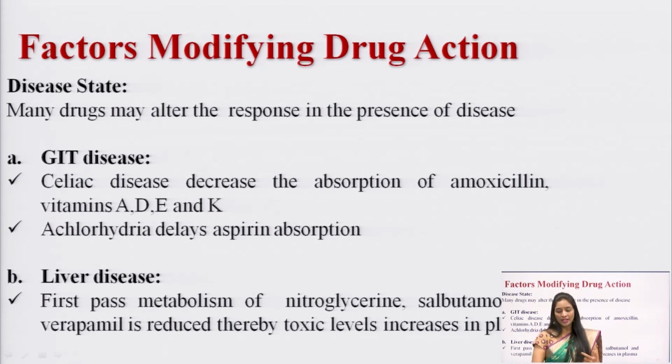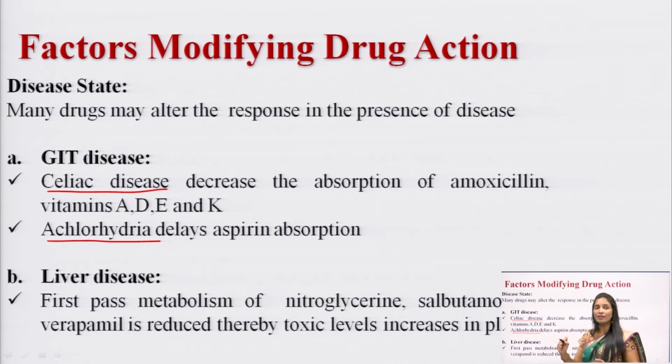For example, here I am taking two disorders: celiac disorder, and second, achlorhydria. Depending upon the condition of the disorder, definitely the drug action is going to be modified. For example, if I am giving an antibiotic like amoxicillin or vitamin capsules like A, D, E and K, the absorption of those vitamins will be decreased in this disease condition.